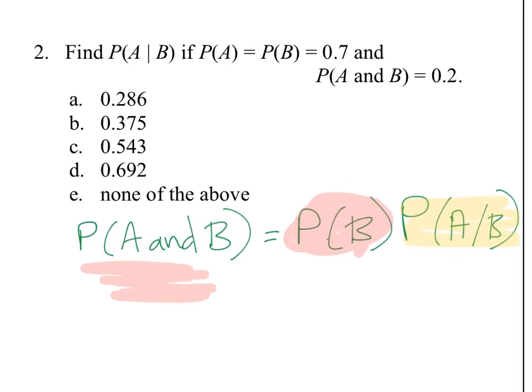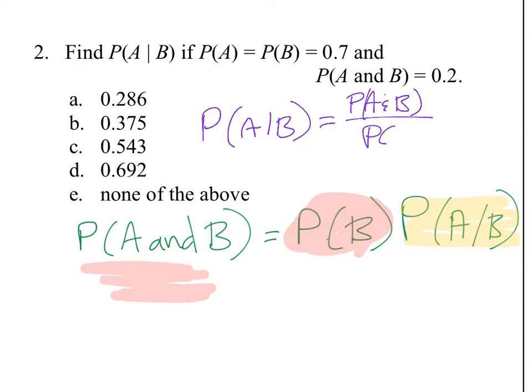Okay, so that means that the probability of A given B is equal to the probability of A and B over the probability of B. Well, in this case, that's 0.2 over 0.7.